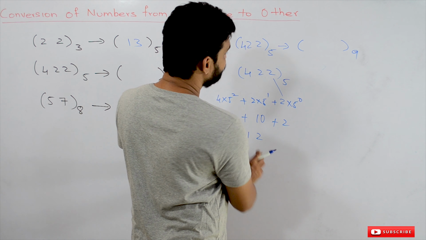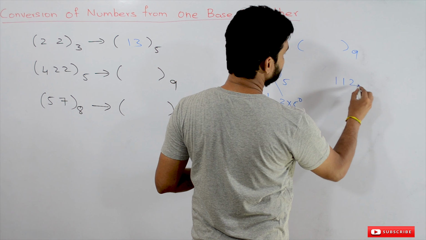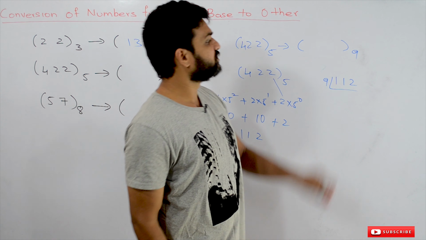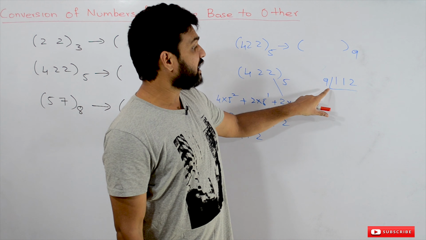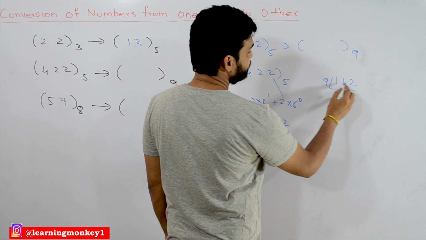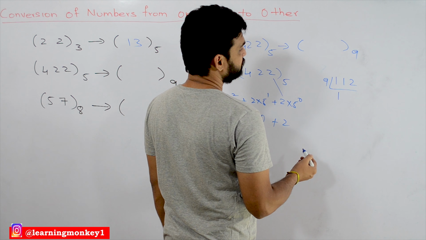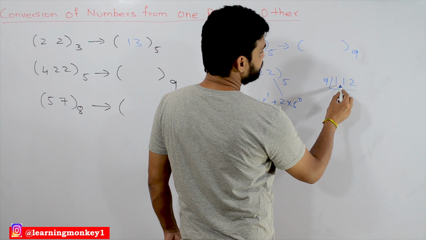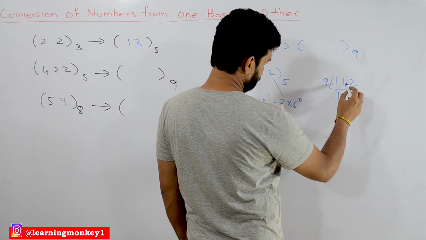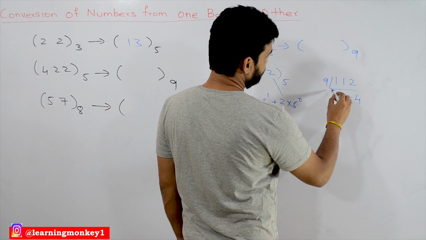So this 112 has to be converted into base 9. 112 has to be divided by the base to which you would like to convert, which is base 9, until the quotient is 0. That is important to understand. 9 into 12 is 12 times, and 112 minus 108 leaves remainder 4.